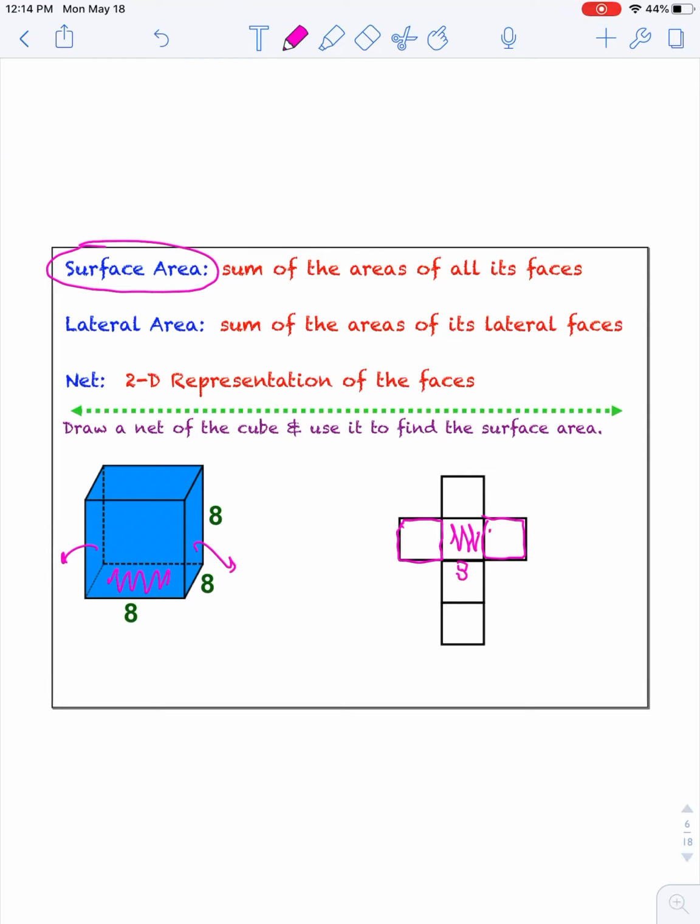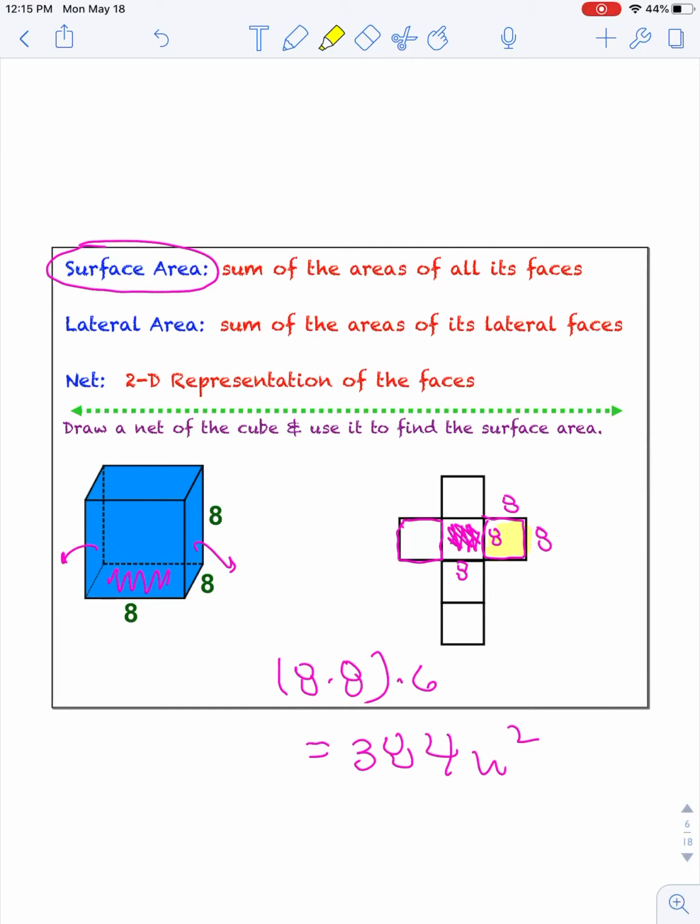So this is 8 by 8, but this is also 8 by 8, etc. So this one, pretty simply, we can find the surface area of this base, which is 8 times 8, and then we can multiply it, since they're all congruent, by 6. So we get a surface area of 384 units squared.